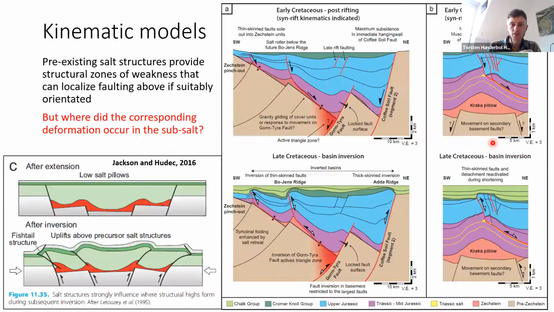I tend to think it's localized, given that, for instance, in this section here, at least from here to here, there's a considerable relative uplift, on the order of 500 meters or even more, if you take a regional through the top rift units like this. So I don't think there was much shortening going on in the basement out here, at least.